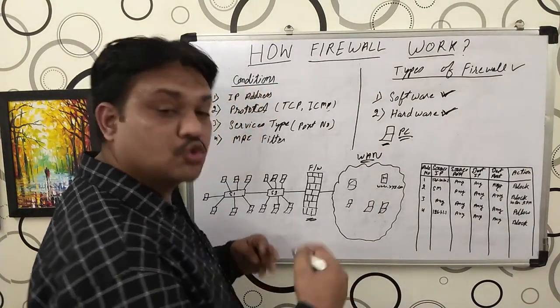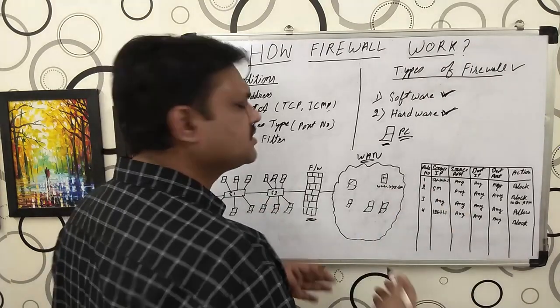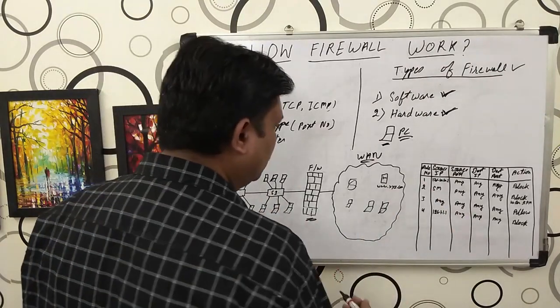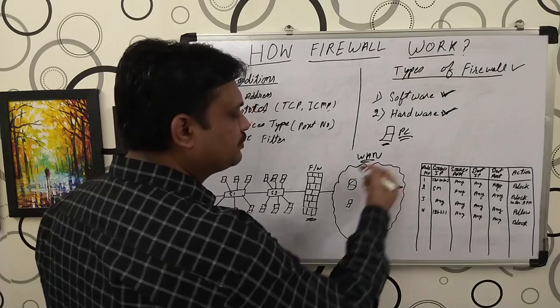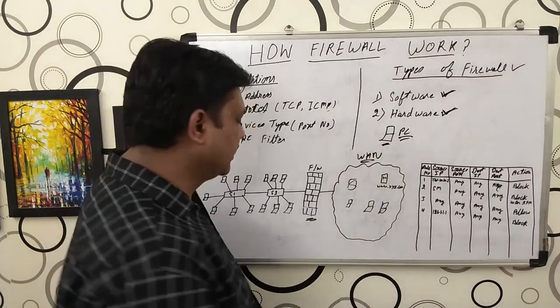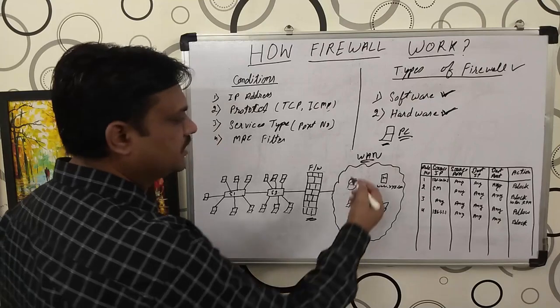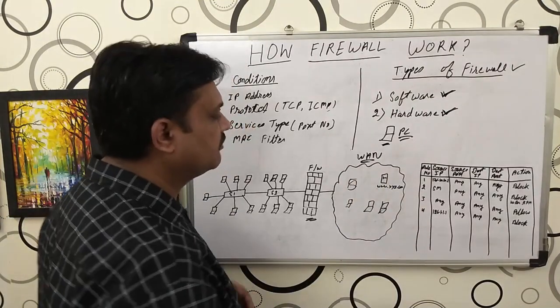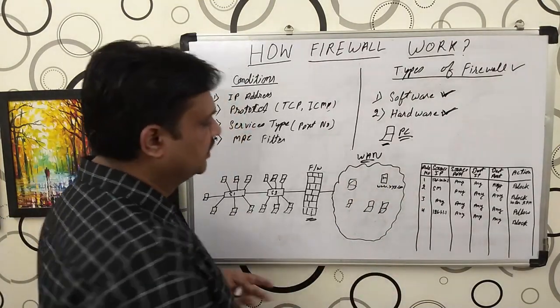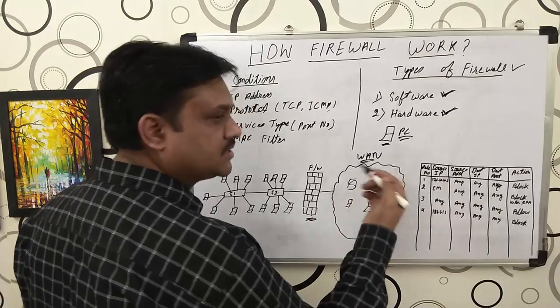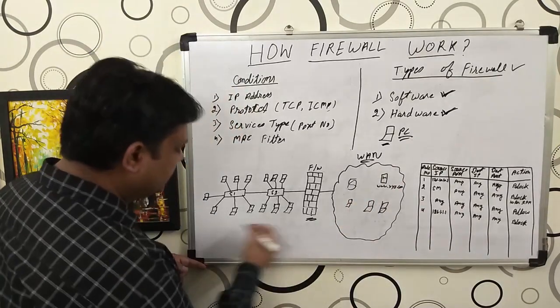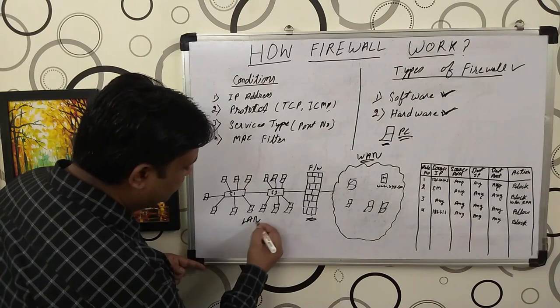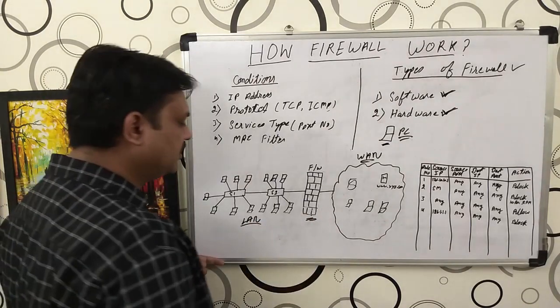Because there are so many hackers, so many servers, so many networks going on, but nobody is protecting this particular internet, right? So that's the reason the WAN, which is the wide area network, of course known as the internet, is called an unsecure network.